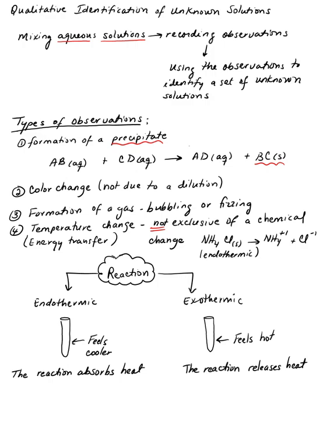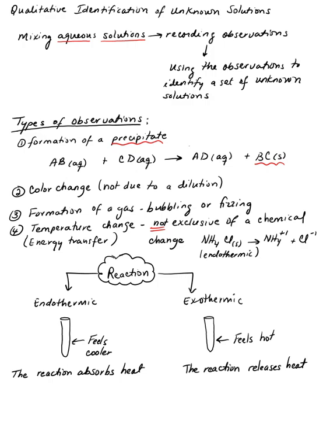Like the one that I have listed here on the left side of the diagram when you have reactions. So your chemical reactions can be endothermic on the left side or exothermic on the right side. For endothermic, the container of your chemical reaction, or where the reaction is happening, will get cooler. The temperature will decrease because that reaction is absorbing heat, so it will feel cooler.